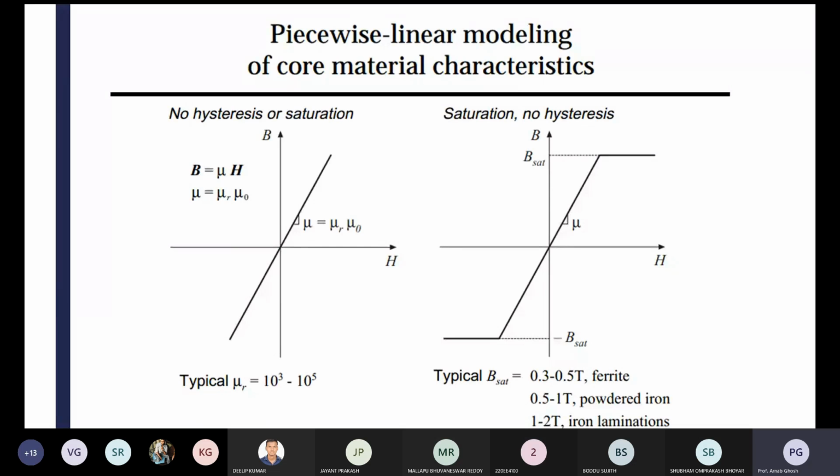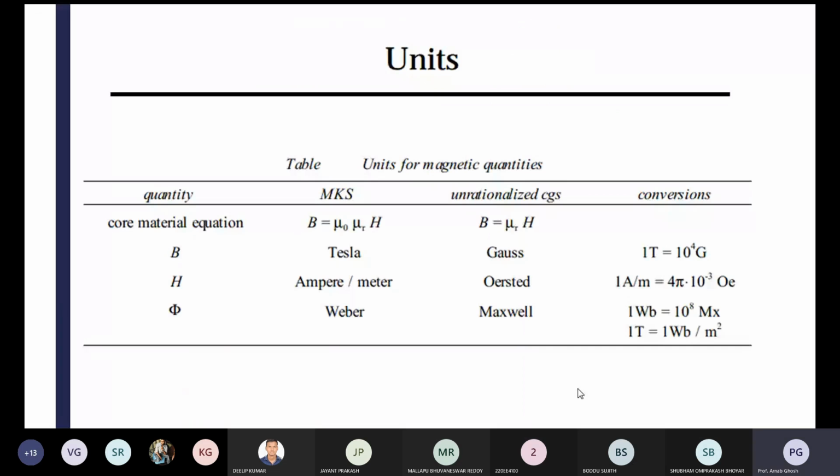Typical B saturation for a ferrite core is 0.3 to 0.5 Tesla, for powdered iron it is 0.5 to 1 Tesla, and 1 to 2 Tesla for iron laminations. In your case you are using a ferrite core, and that Tesla value is quite low but sufficient.